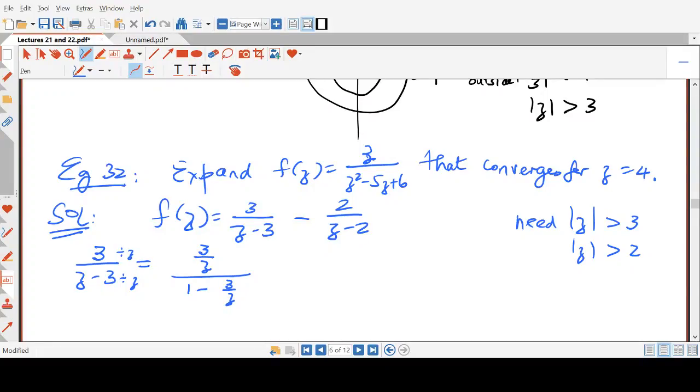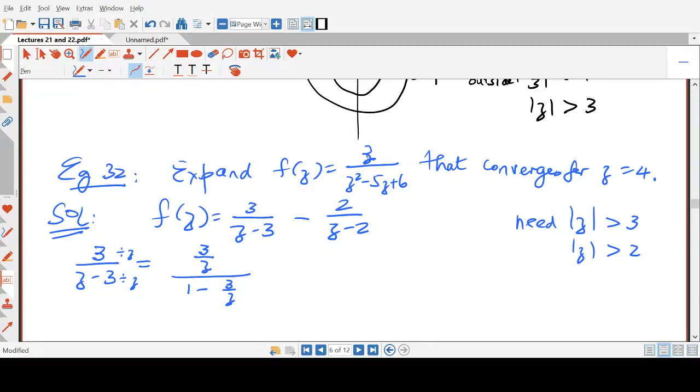What is the motive behind that? I don't want z over 3, I want 3 over z. So now I have massaged it to get 3 over z. If I have z over 3, then it will be z less than 3. Now it will be 3 over z less than 1, 3 less than z, or z more than 3. That's why this trick is done.